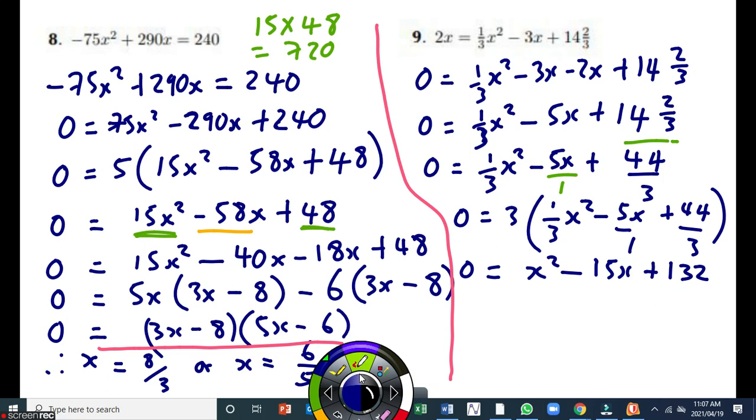Which two factors of 132 add up to minus 15? Hello? Can someone tell me which two factors of 132 add up to minus 15?